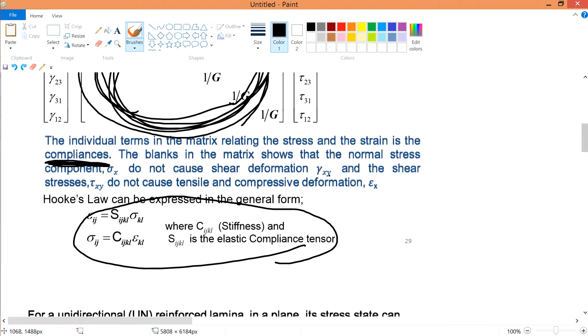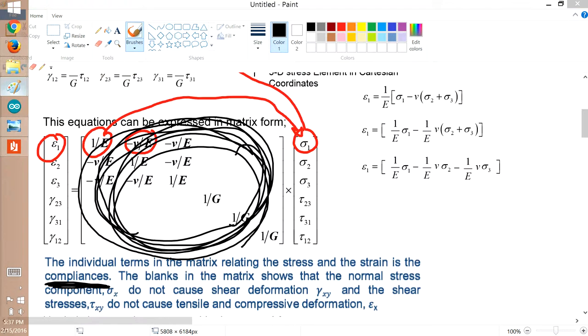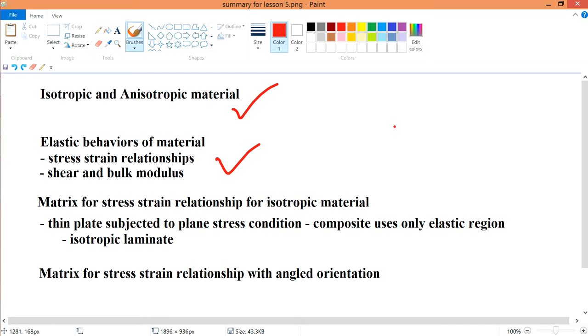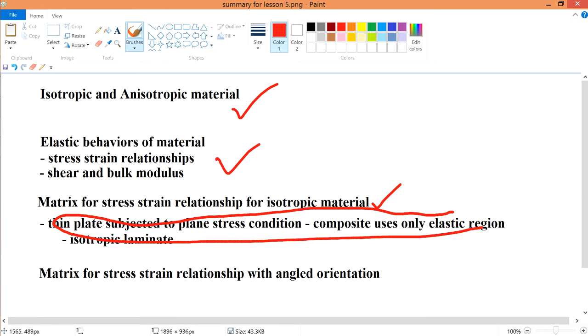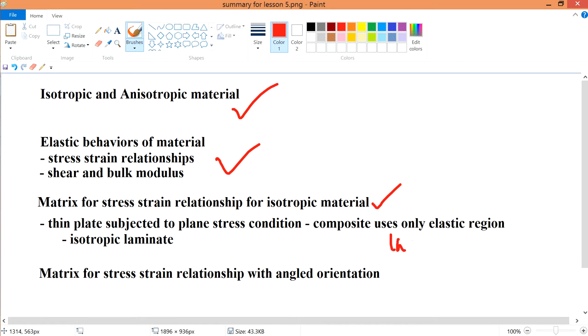And I think this is it for the isotropic material, because I don't want to confuse you with another form of a thin plate. There is a thin plate subjected to a stress condition where it is also an isotropic laminate. So this is the part that in this video we have talked about. In the next video we'll talk about a thin plate, a laminate.